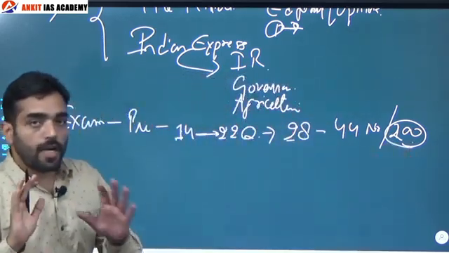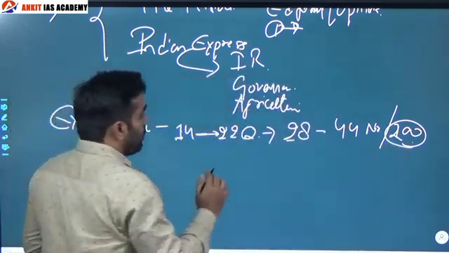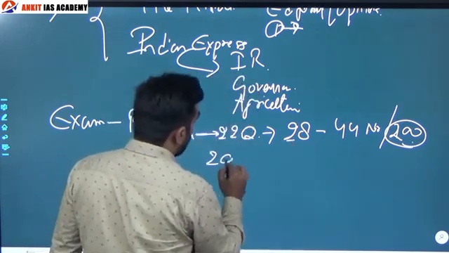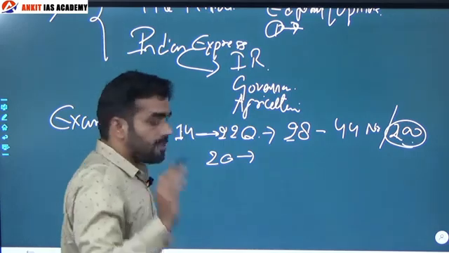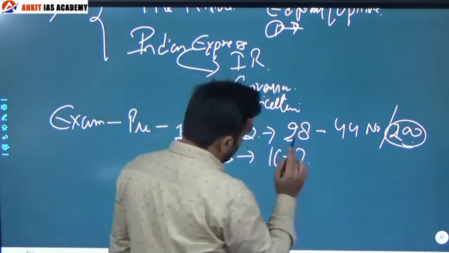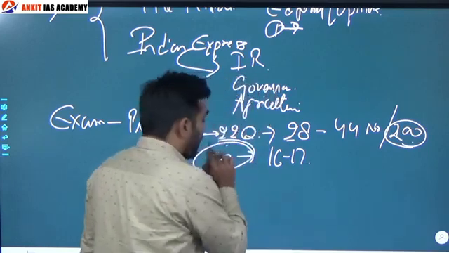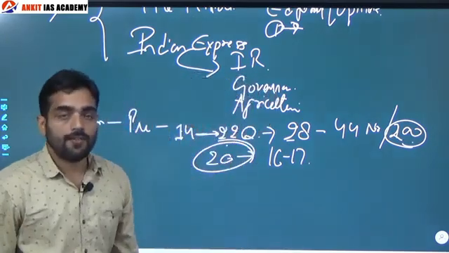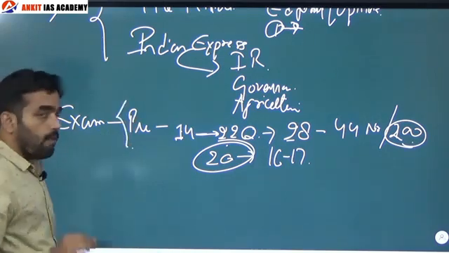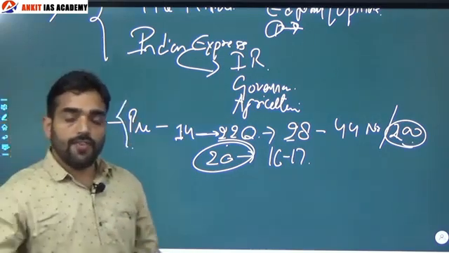So if we are prepared well, then, let's say there are 20 questions, you can very easily answer 16 to 17 questions. Those who are prepared well can even answer all 20 questions. Fine. So for the pre part, polity and constitution is very important.